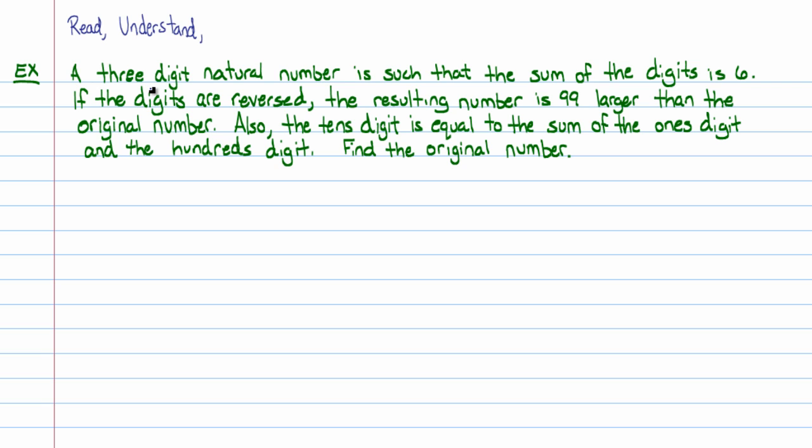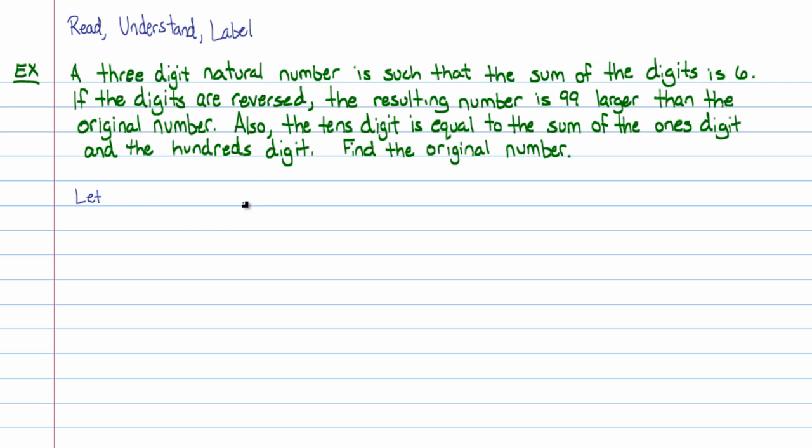So we have to label some unknowns, and the things we don't know are the digits themselves. I don't want to use ones, tens, and hundreds, because if I use O for ones, it looks like a 0.